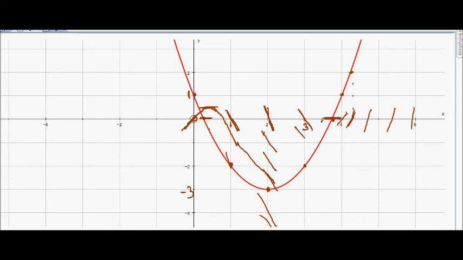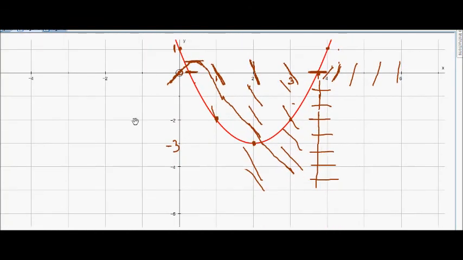On this it's again this way, so maybe it goes like this, and then at this point on this vertical line the tangents are going to be horizontal, which means the curve is going to turn. Because it has to be horizontal, it goes like this.